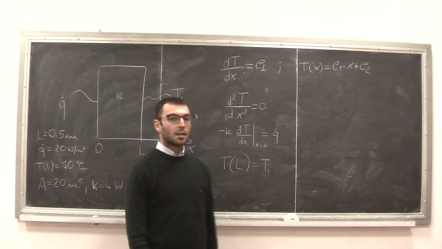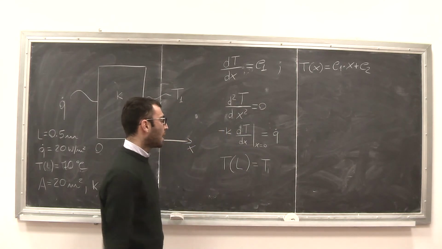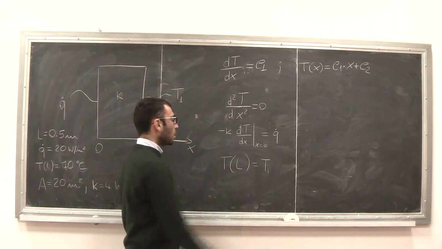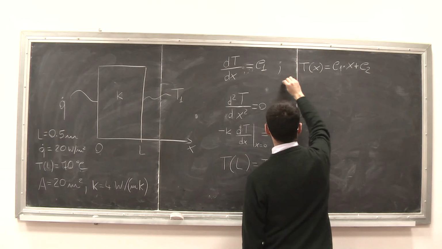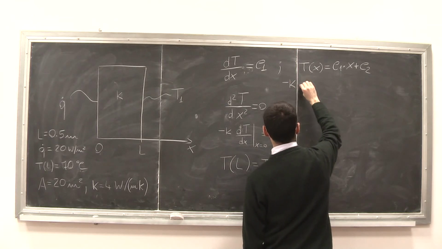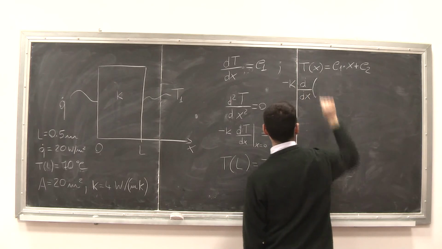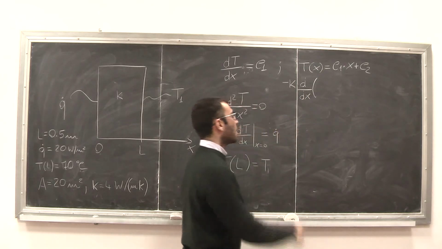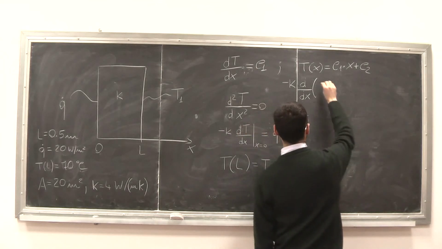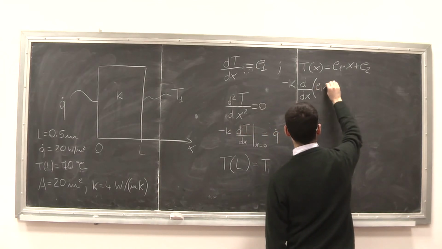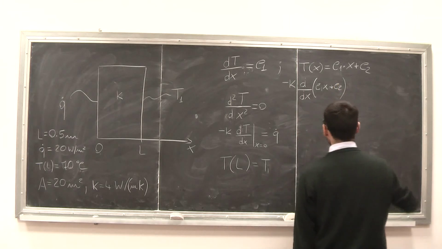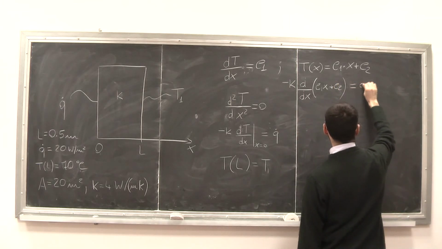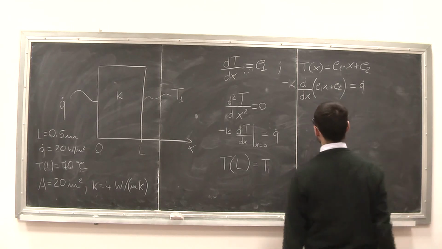We can start by imposing the first boundary condition on the heat flux. So we can write that minus k times the derivative with respect to x of the temperature, but now we have the profile, so we can substitute it. We have C1x plus C2 is equal to Q dot.